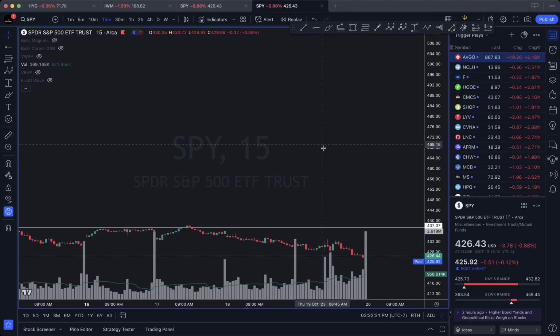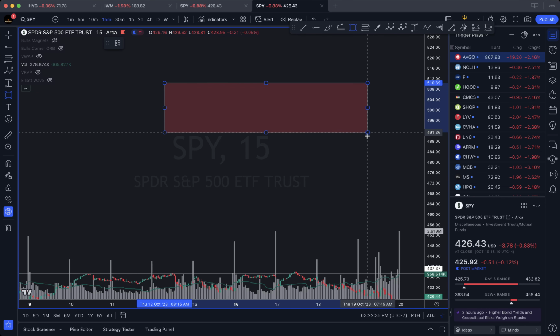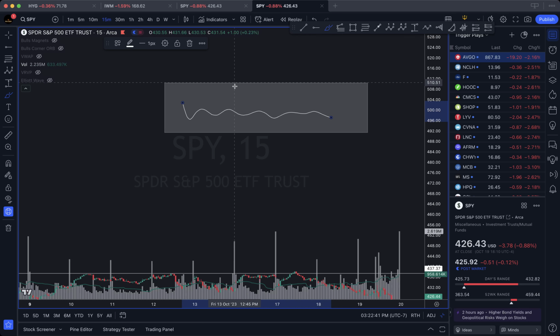Now usually you will find most of these setups when price is in a range, right. Because most people are anticipating a breakout when price is near the highs, and most people anticipate a breakdown when price is near the lows. So most of the time the first move is the wrong one.